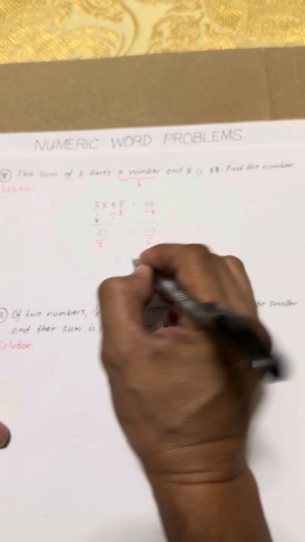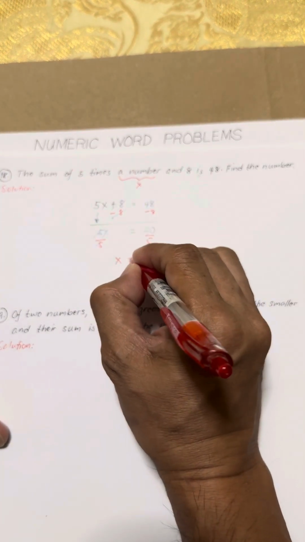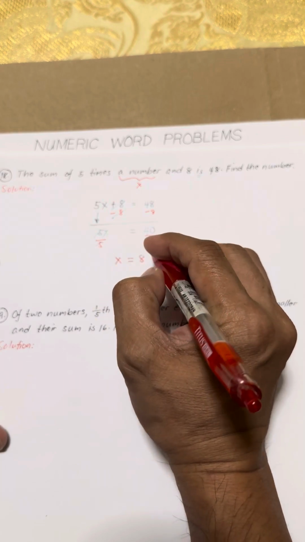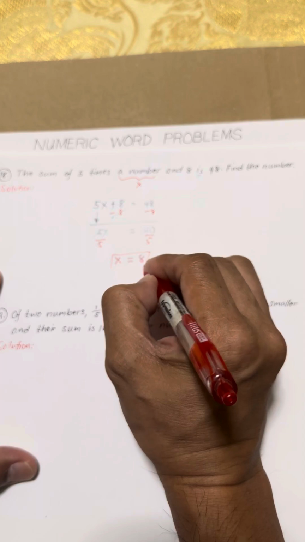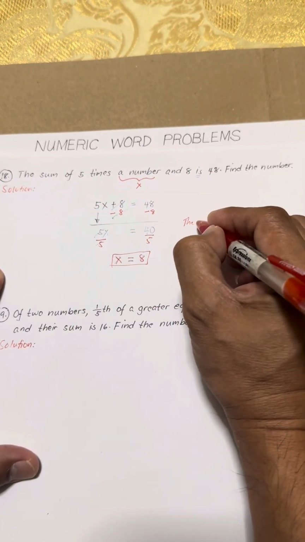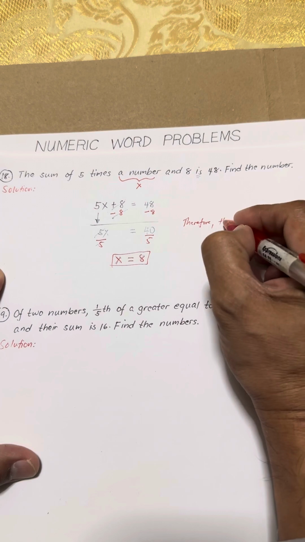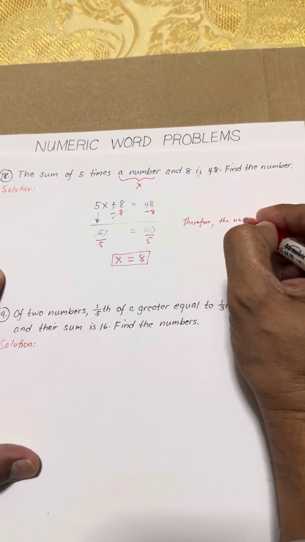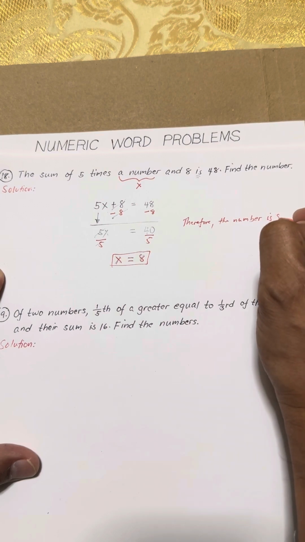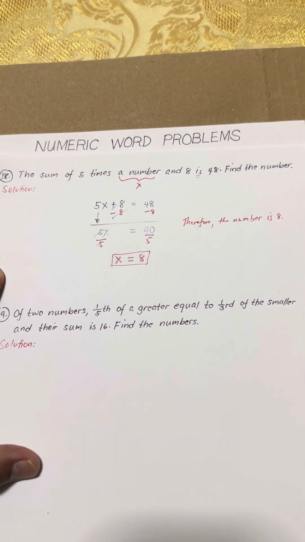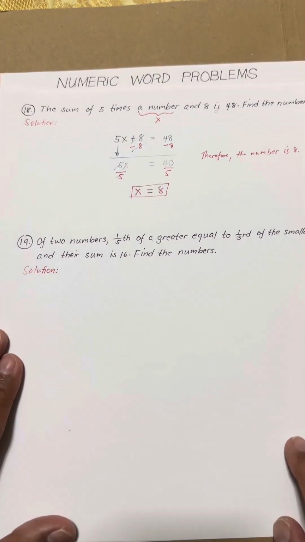So x is equal to 8. Therefore, the number is 8. That's the solution of problem number 18.